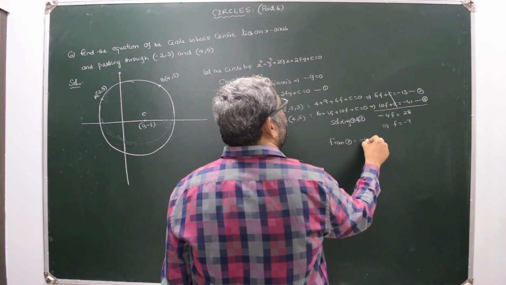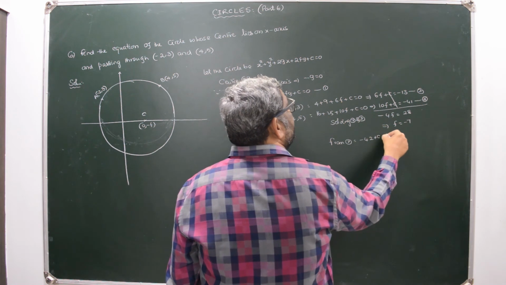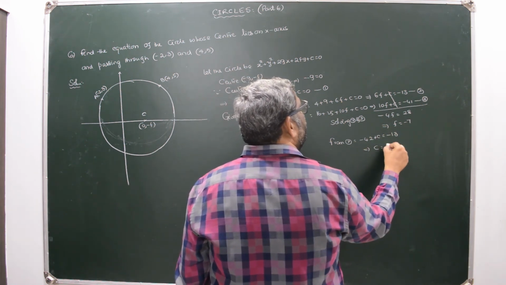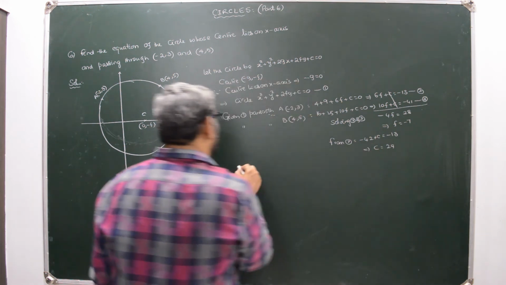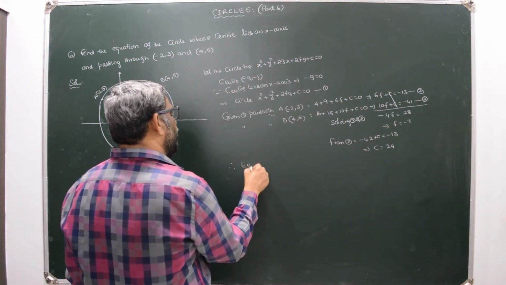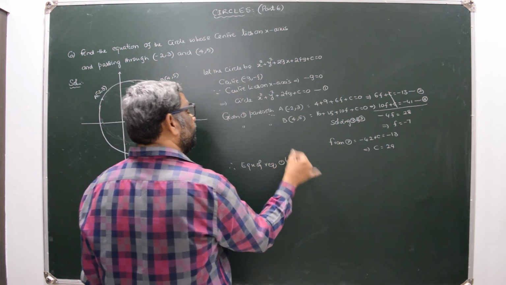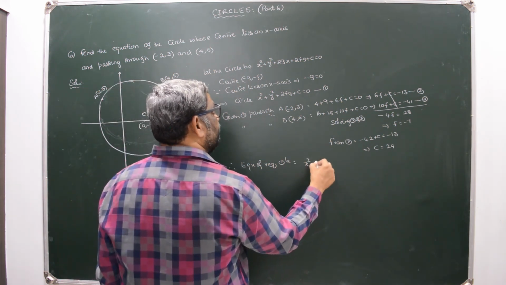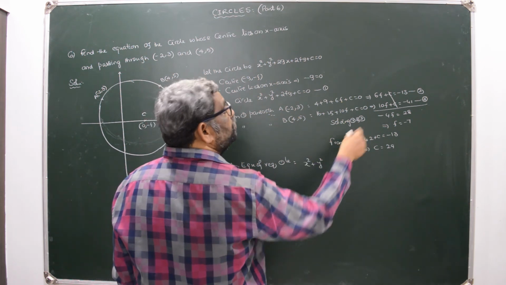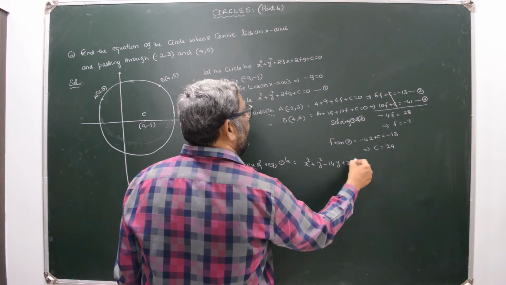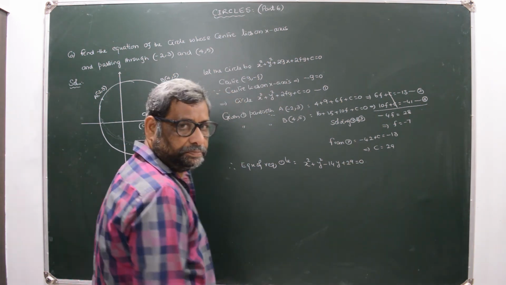Minus 42 plus c is equal to minus 13 implies c is equal to 29. Therefore, equation of required circle: x square plus y square minus 14y plus 29 equals 0.